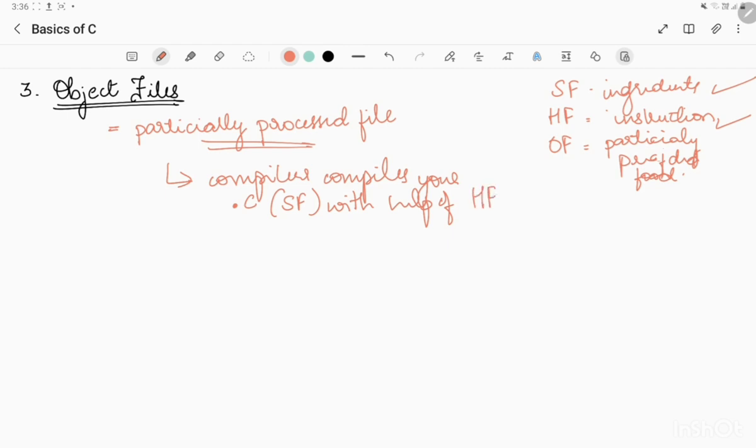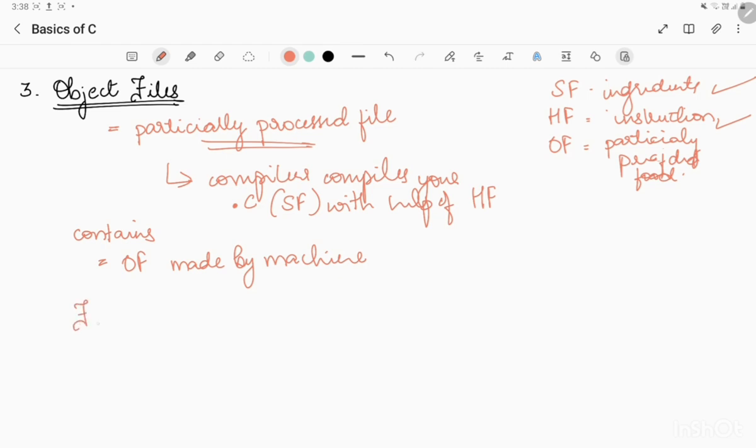With the help of header file. It basically contains machine level code, right? This machine level code cannot be understood by us. It is something created by the machine for the machine to understand. All right. Source file written by us, object file made by machine. All right.